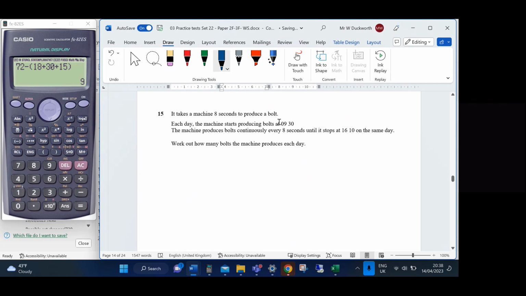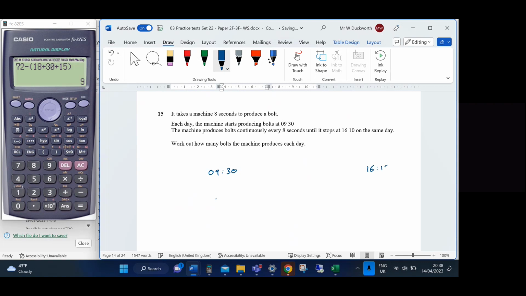Okay, right. So in effect, we need to work out the time difference. We've got a few options here, but the first thing I want to do is to work out the time difference, the time that the machine's running. I'll do 2 quick methods for this.